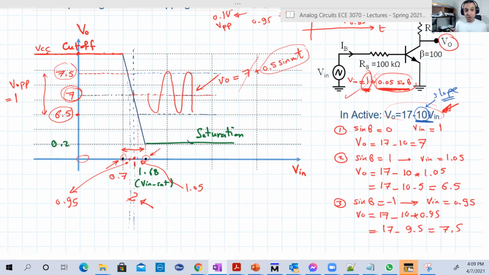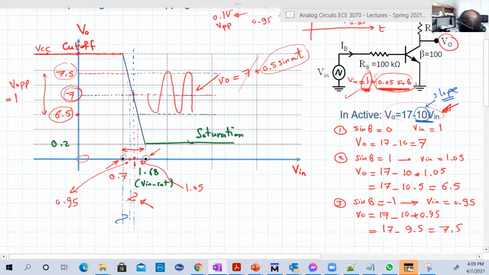Now, to answer where the best operating point is, we're going to put the operating point on the edge of the cutoff and the edge of the saturation, and we're going to see what happens if we do that. So let's start, for example, with the edge of the cutoff. Same input, but now it is 0.7 plus 0.05 sine omega t.